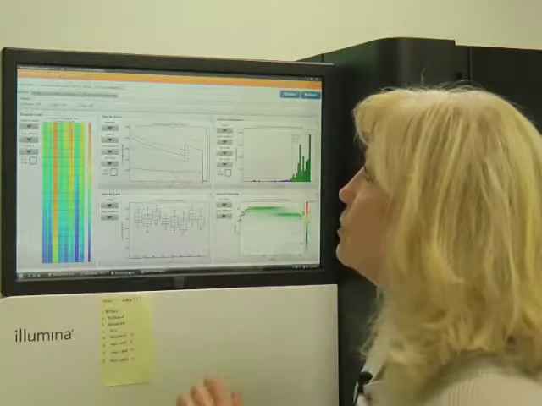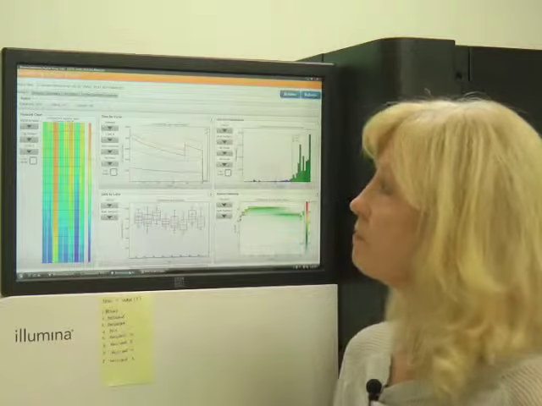The other thing I'd like to show you here is another way that we monitor how the run is progressing. As we're cycling through these different sequences, the software is looking at what we are calling quality scores. And we'd like to know that during the run we're getting good quality scores, meaning that each cluster is actually being able to determine one base at a time.